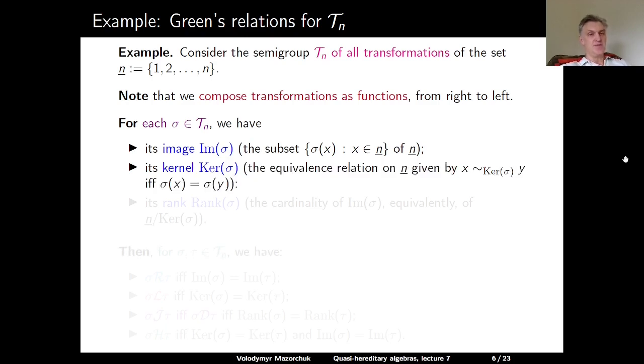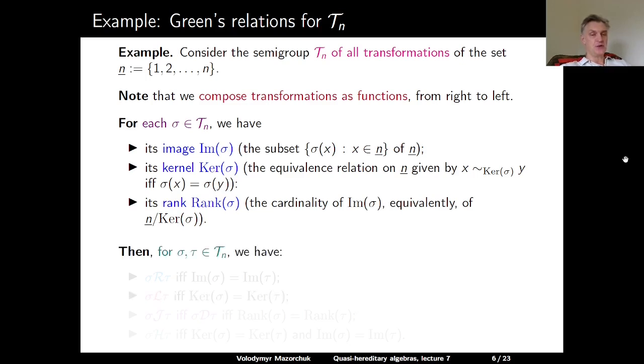The kernel of sigma is the equivalence relation on n underlined, given as follows: two elements x and y are ker sigma equivalent if and only if sigma of x is equal to sigma of y. And we have the rank of sigma. The rank of sigma is the cardinality of its image, or equivalently, the cardinality of the quotient set of n underlined modulo the kernel.